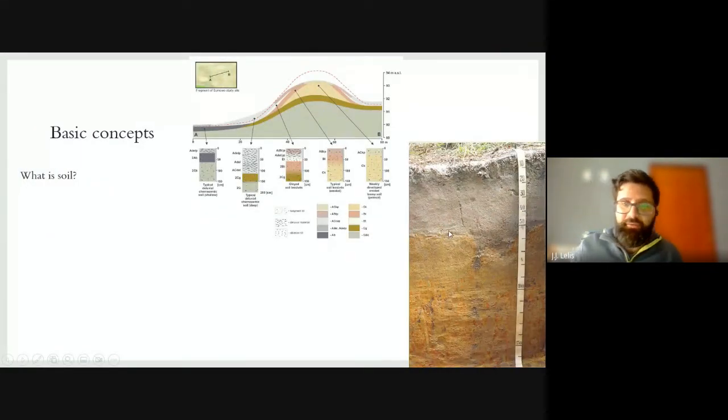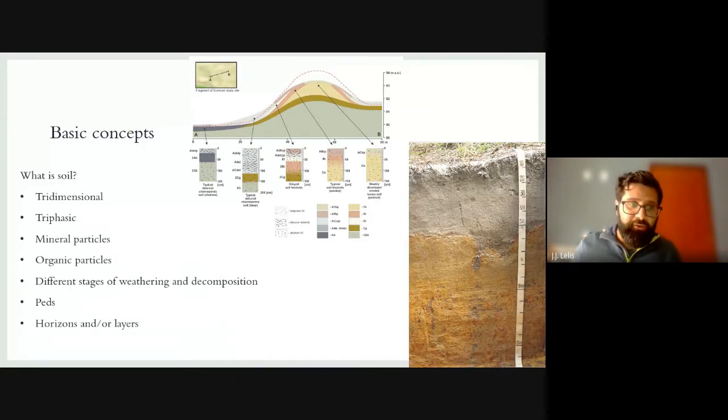As we can see here, soils can have several layers or horizons, and soil varies according to the landscape. So I will put some words that are quite important to us to define soil. First of all, soil is a three-dimensional spatial body.